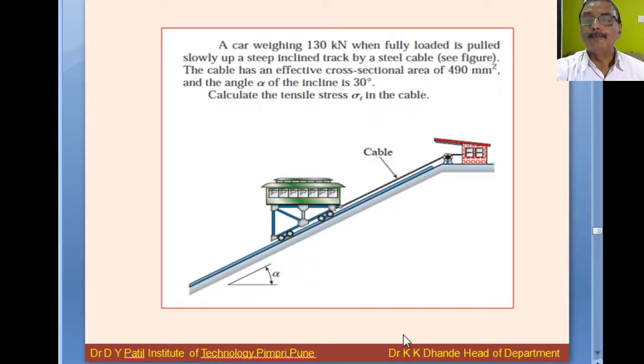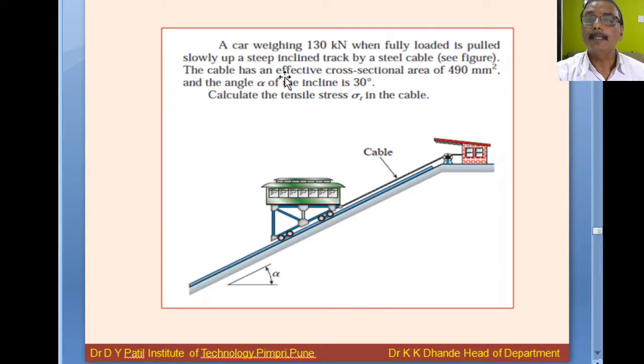Now this is the next example, which is practical based. It's a very good example. A car weighing 130 kilonewton when fully loaded is pulled slowly up a steep inclined track by a steel cable, as shown in the figure.